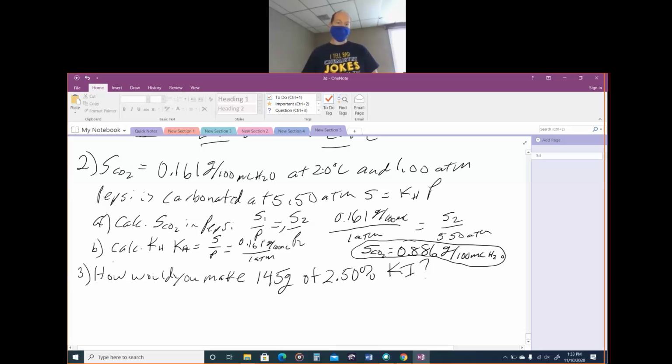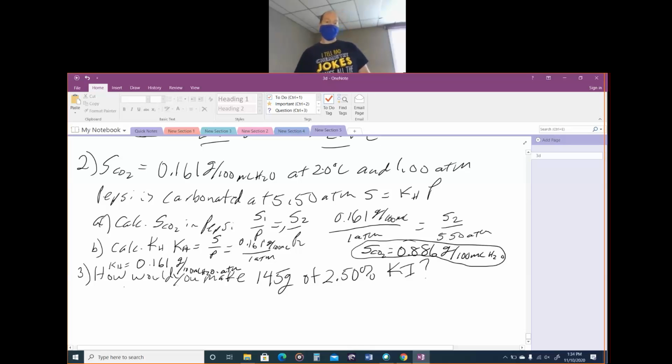So then you have your answer. The answer for K sub H is 0.161 grams per 100 mL of water times atmospheres. The denominator now has atmospheres, because we had to divide by 1 atmosphere. And so that is your Henry's law constant.